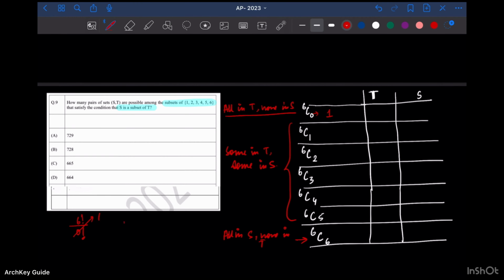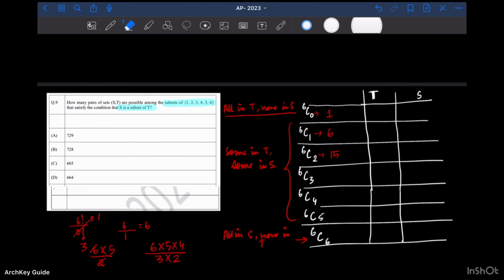Now 6C1, 6 and this one 1, so 6. 6C2 would be 6 into 5 divided by 2, 15. 6C3, 6 into 5 into 4 divided by 3 into 2. Are you able to understand what I'm doing?